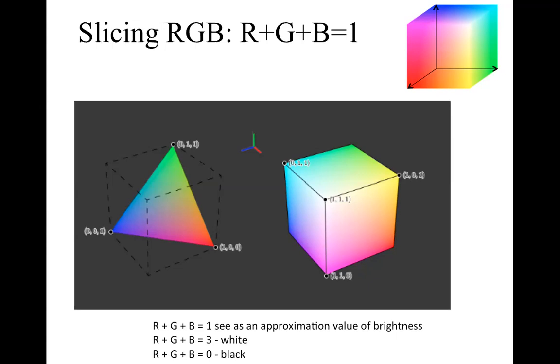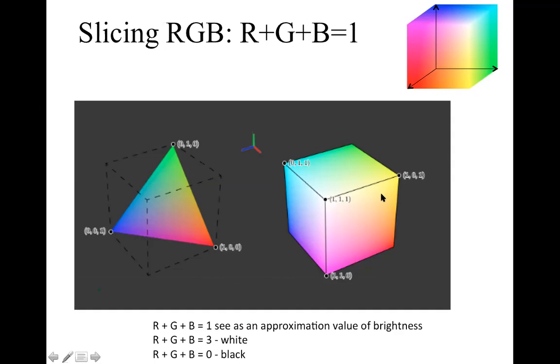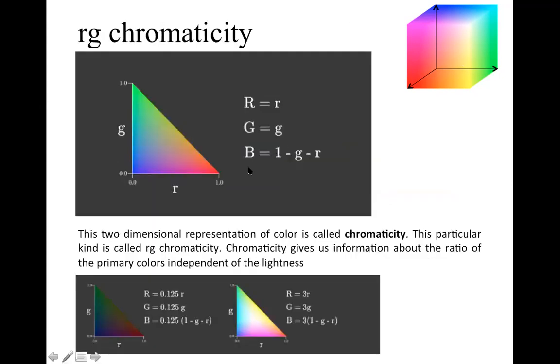So you can think of these slices as clamping the brightness of your colors to a value, let's say 1, because this is the equation of your plane. And so you go from 3D to 2D, and you obtain this two-dimensional representation of a color.